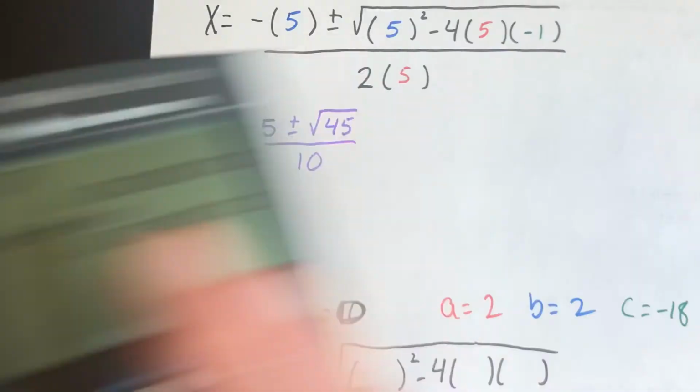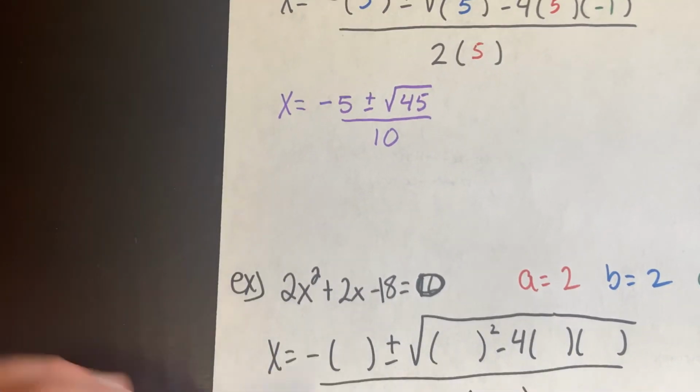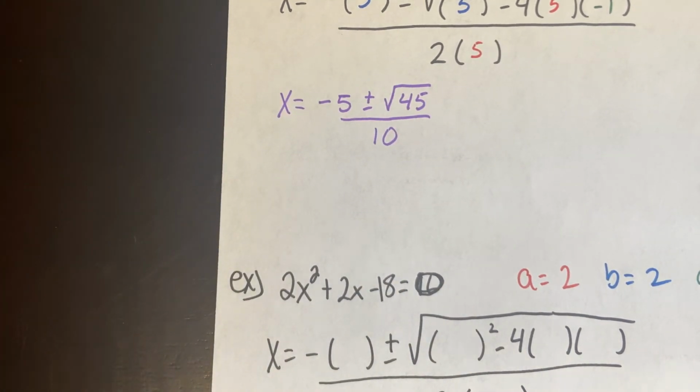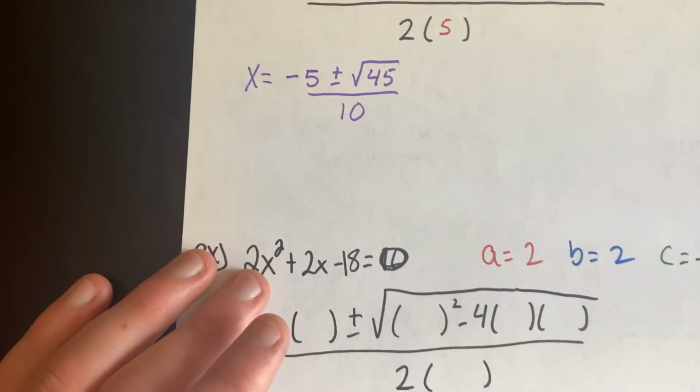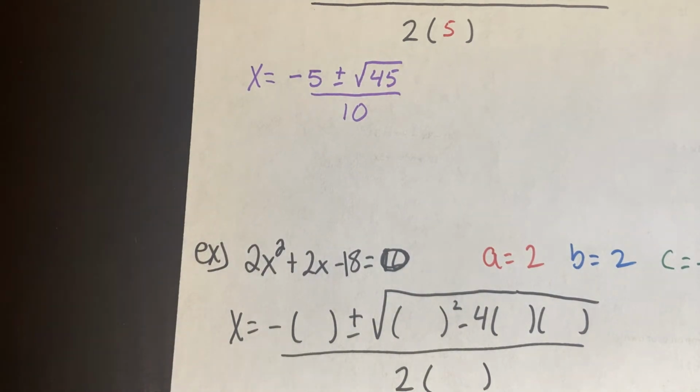The way we're going to treat this, like I said, is going to make life easier for us. We're just going to leave it alone. There's nothing else that we can do about this. We're just going to leave the square root of 45 as the square root of 45. Now, when you get into Delta Math, I think it does ask you to write it like this, but understand that there are still 2 answers here.